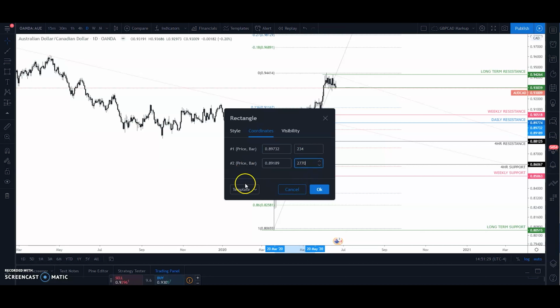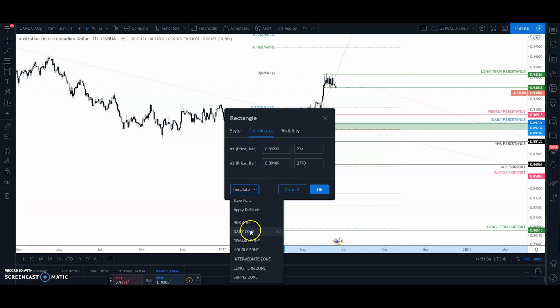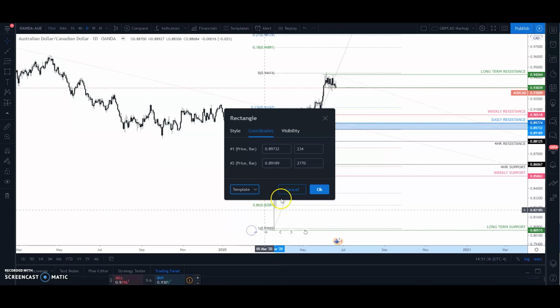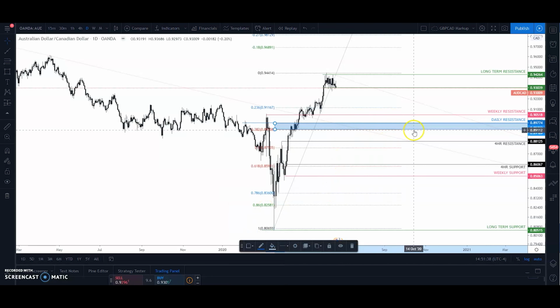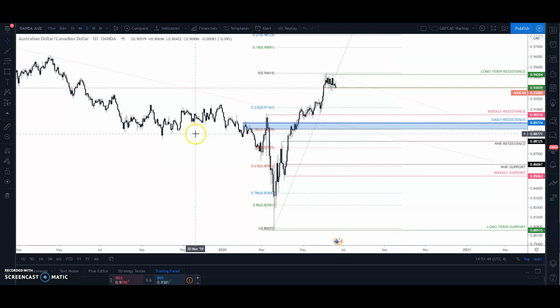I'm just going to add a 0. I'm going to change the color to match the time zone that it's in, and I've saved templates for this. So when I look at the chart, I know where price is approaching, and it gives me an idea of how far price will travel. Okay, so that's my 38.2. And then I'm going to do one for my 4-hour.